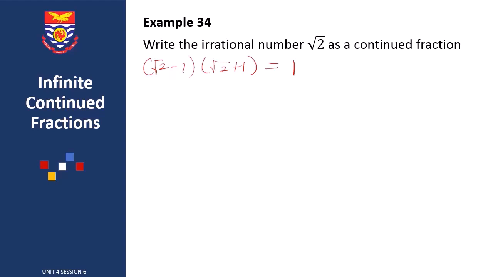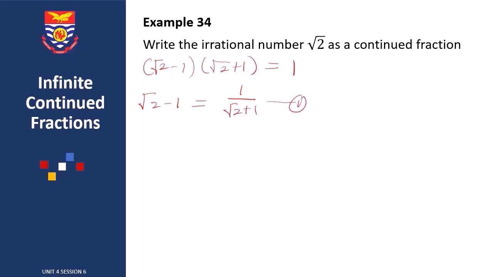Okay, once you agree with me, there are so many interesting things we can deduce from here. If I decide to make root 2 minus 1 the subject, I'll get 1 divided by root 2 plus 1. Let me call this equation 1.